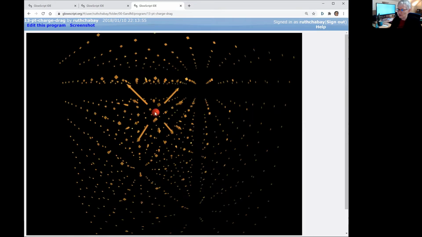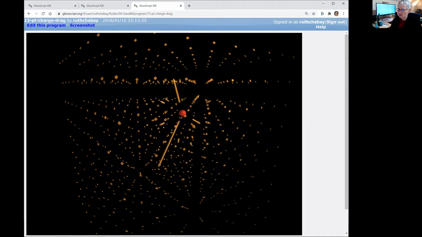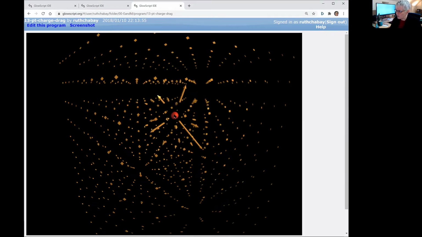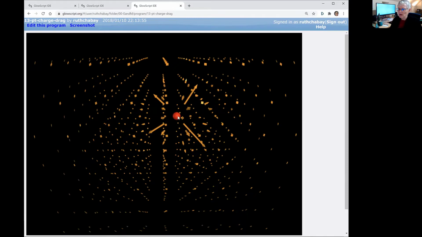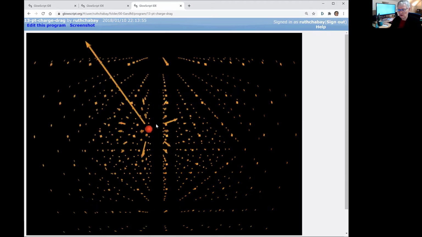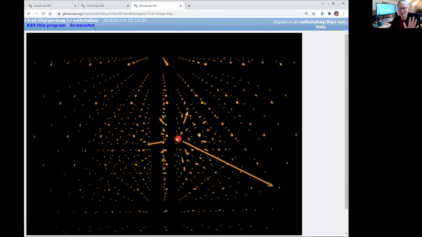Now, how does the field know to change? This field exists throughout space, and as we move the charge around, the field everywhere changes. You might wonder whether it can do this instantaneously. And the answer is, it actually can't.